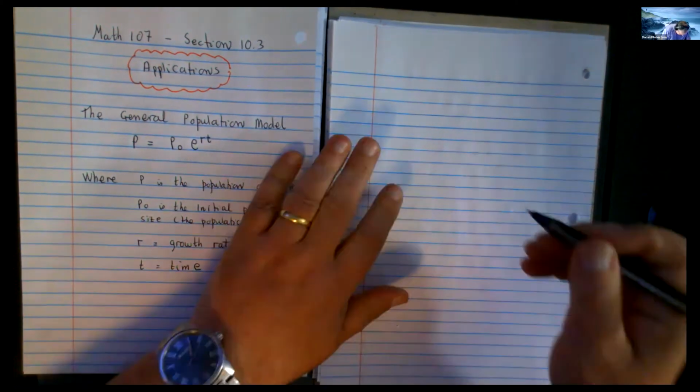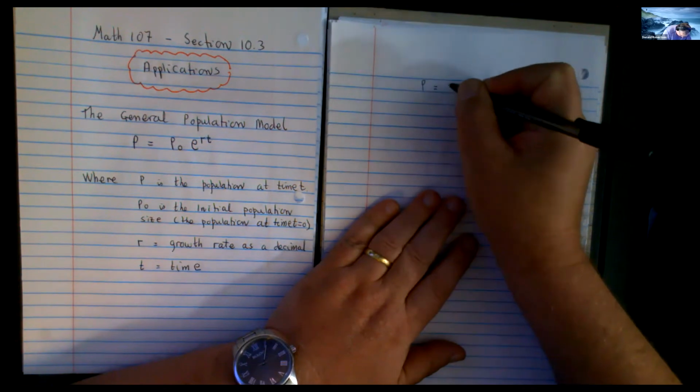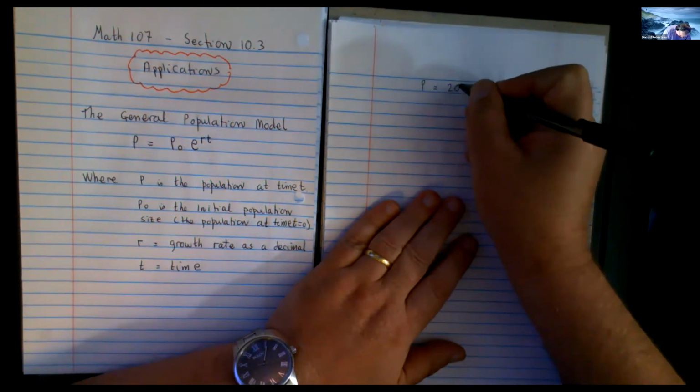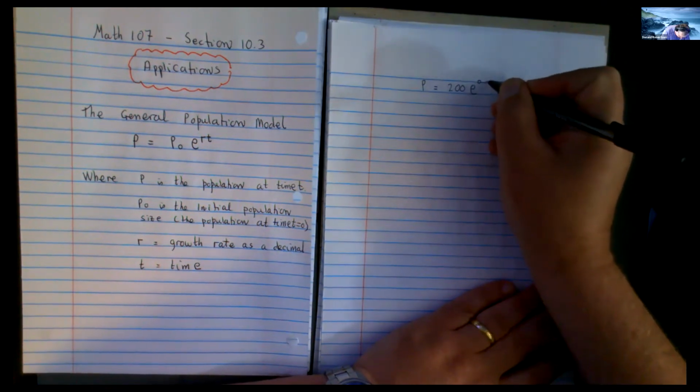Let me show you a question that would have that. Let's suppose that we had a town, and it started off with 200 people, and its growth rate was 2%.